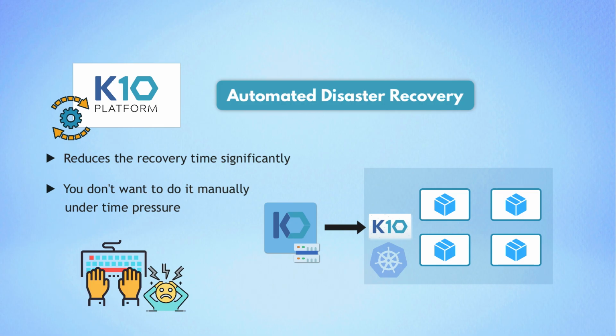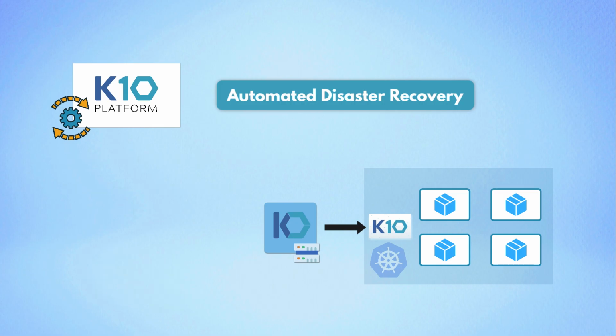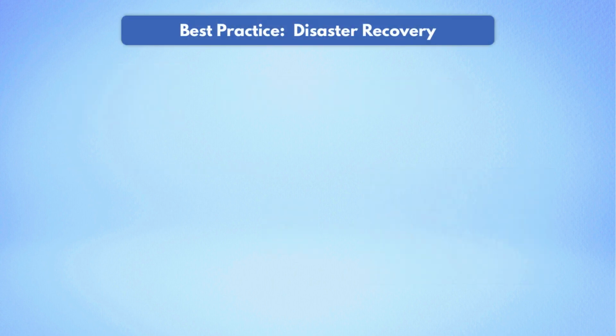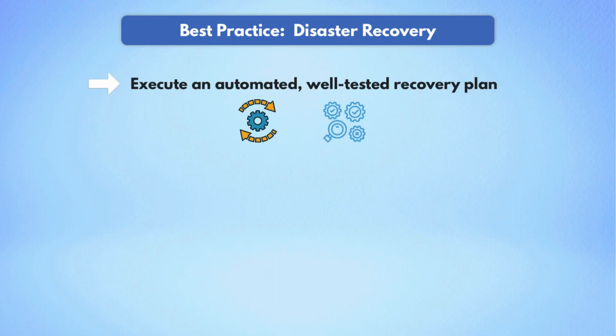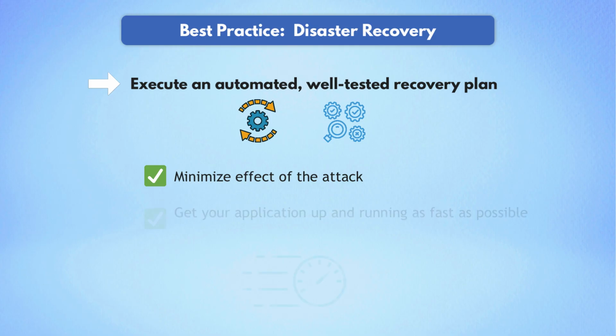Instead, you want to have a tool that automatically does that for you. And ideally, you'd actually test your recovery so you know exactly how it will work and what results it will give you when you run it in case of a disaster. So executing an automated, well-tested recovery plan can minimize the effect of the attack and get your application up and running very fast.